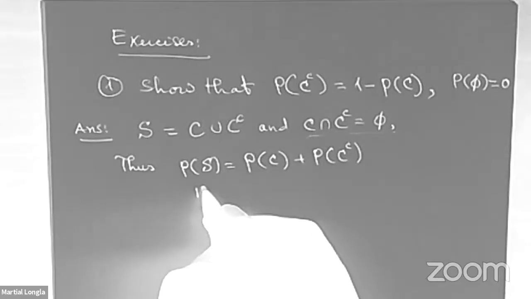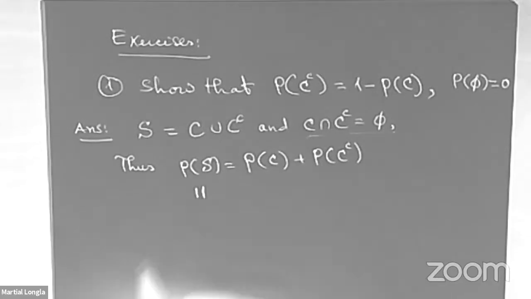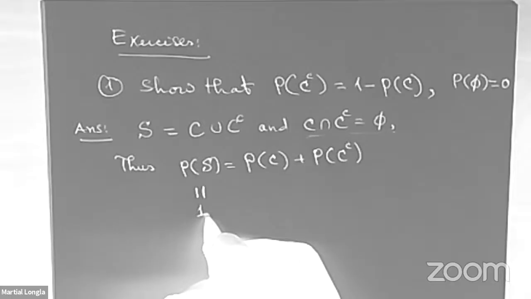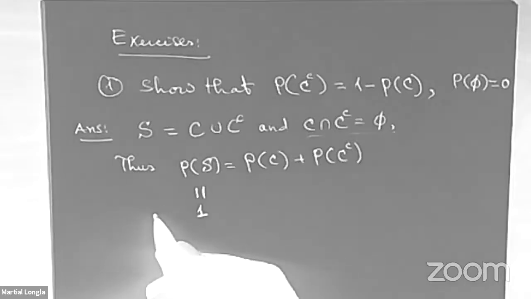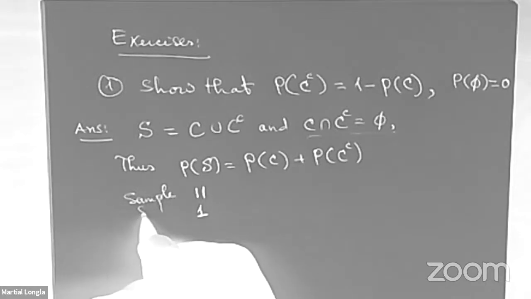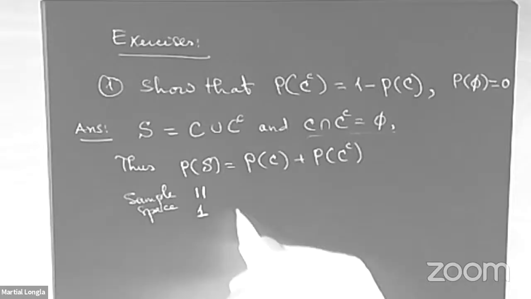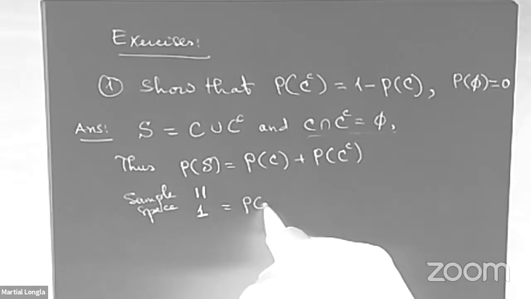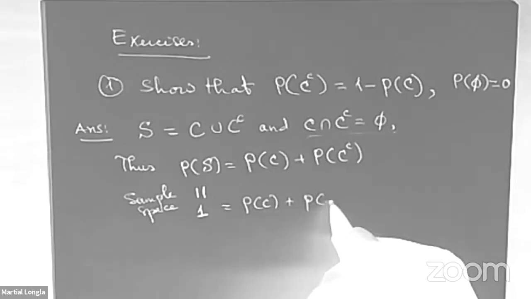But this is the sample space. The probability of the sample space is always 1. That's because it's a sample space. And that is thus P of C plus P of the complement.